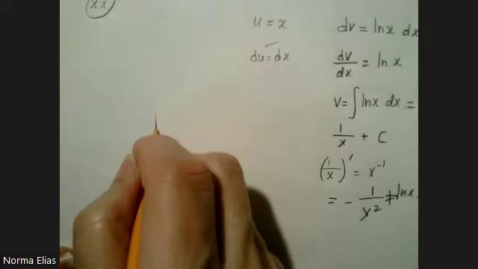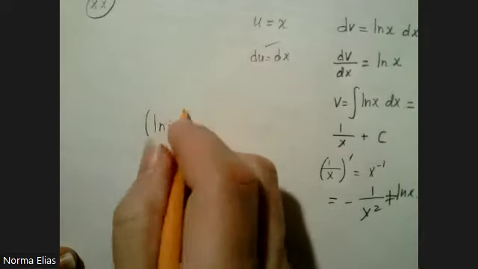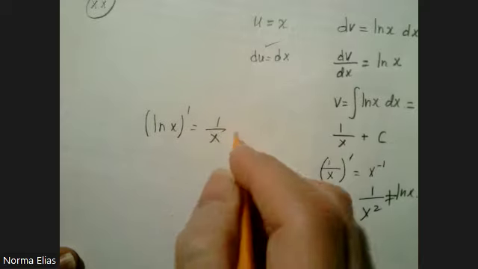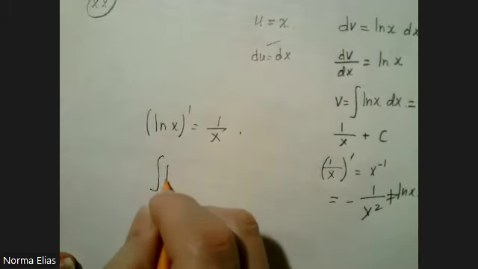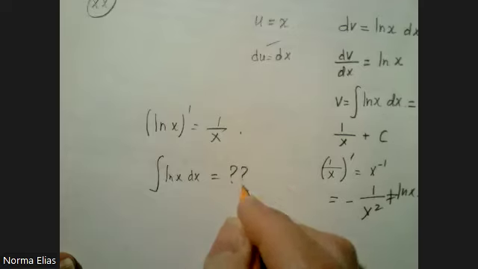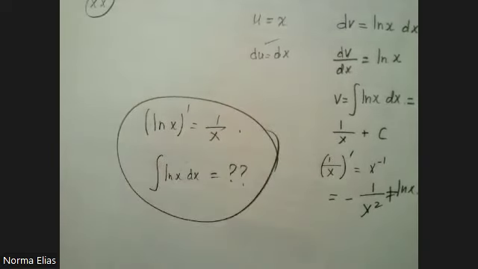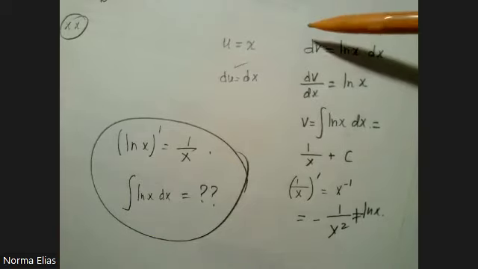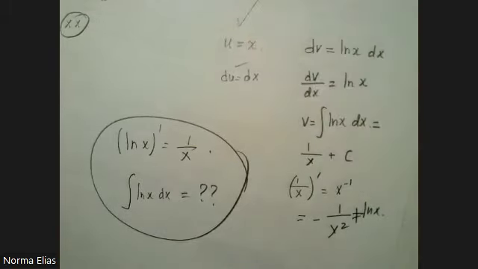Okay, so you should be careful. The derivative of ln is 1 over x. But the antiderivative of ln is a big question mark. You guys understand what I'm talking about? So what's going to be the issue? If I make your choice, dv will have to be the ln.